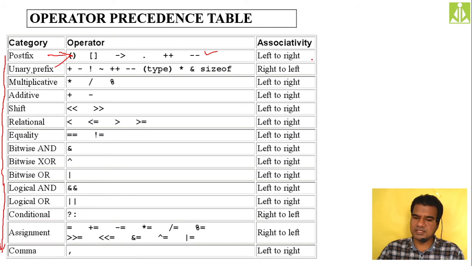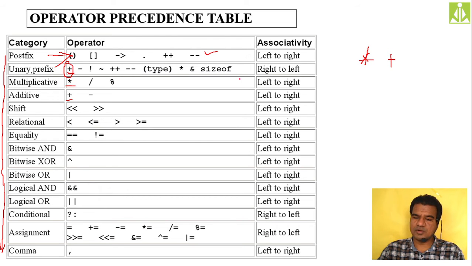So if multiplication and plus come in a single expression, as you can see here, there is also a plus in the table, but it is a unary prefix plus, so don't consider that one.